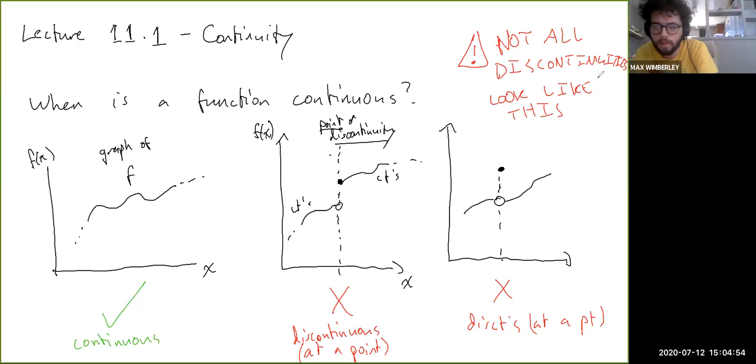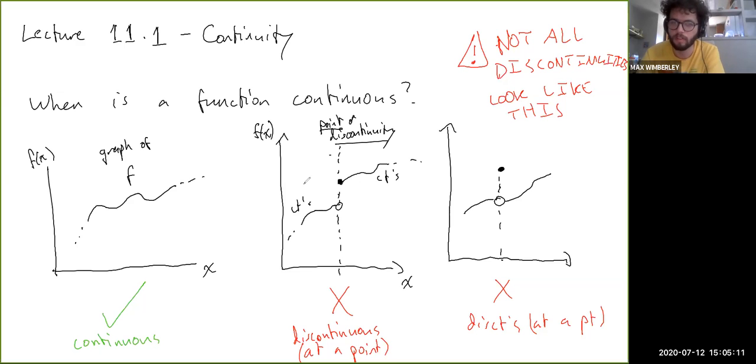Okay, so these are nice kinds of discontinuities. There are much nastier types of discontinuities that you can't even draw. Okay, these would be called jump discontinuities, and they are only one type of discontinuity.